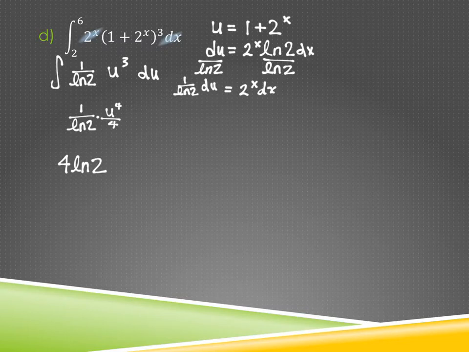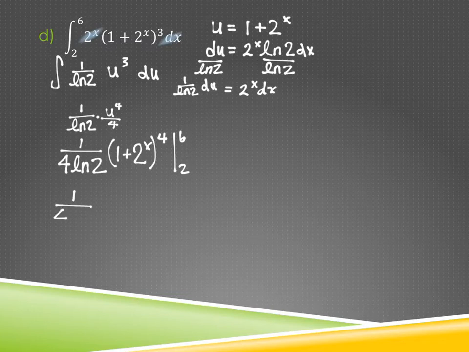So I'm putting the 4 at the beginning to specify that. What is u? 1 plus 2 to the x, raised to the power of 4. And it's evaluated from 6 to 2. So far, so good?